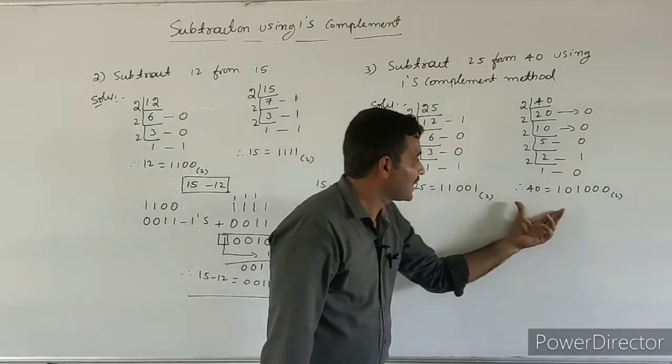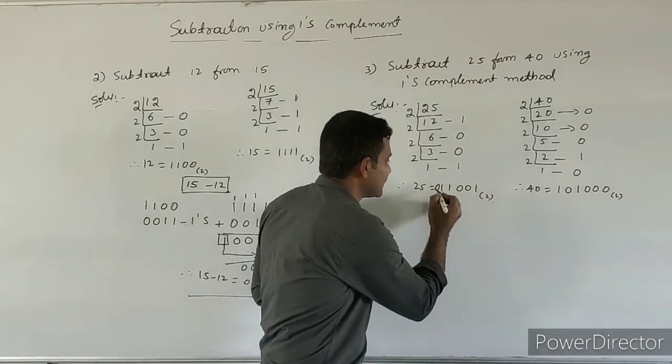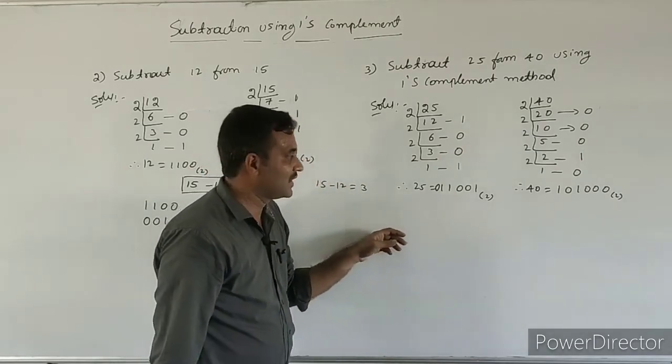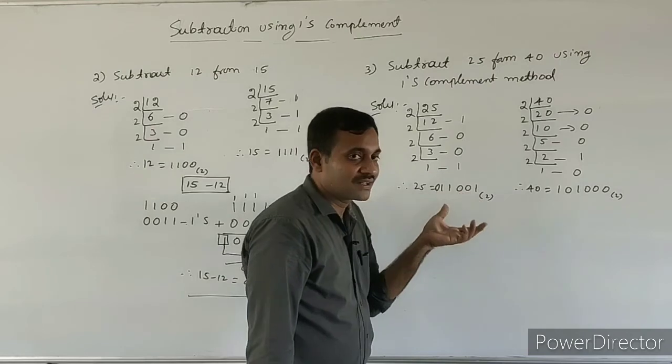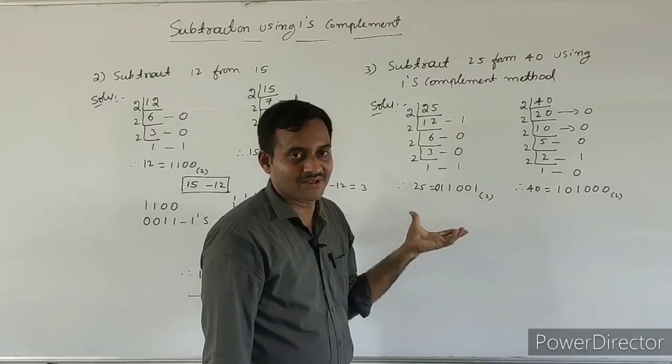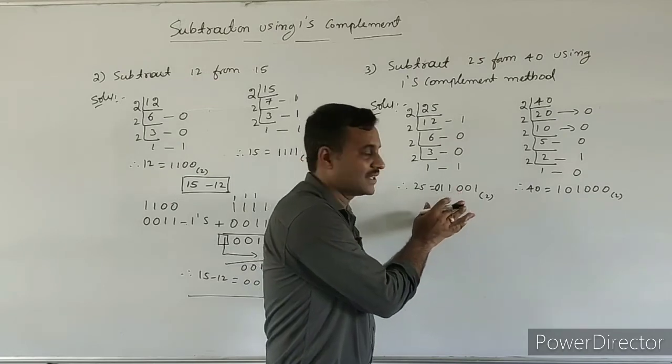Adding 0 to the more significant side does not alter the magnitude of the number, that is, its actual value.